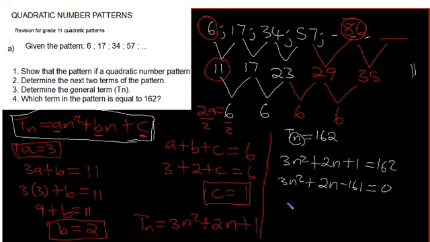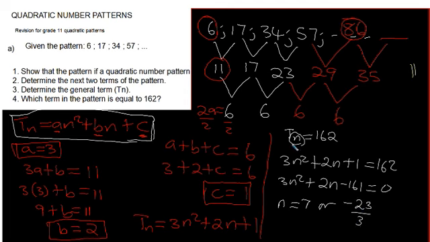We should have two values here because this is a quadratic equation. Use the methods that you know; the easier one we are used to is the quadratic formula. So n will be equal to 7 or negative 23 over 3.